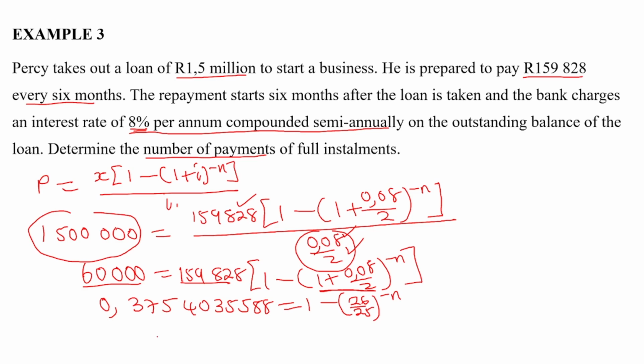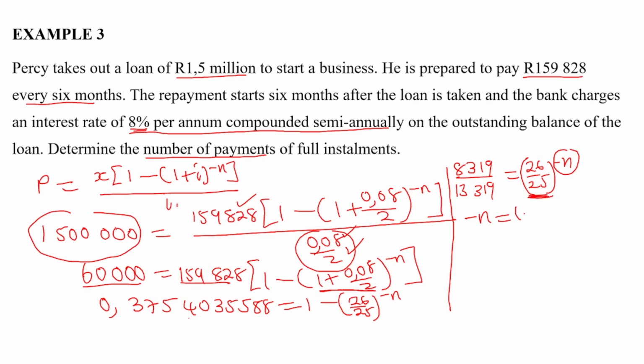Then subtract 1 from both sides of the equation. You'll get negative 8,319 over 13,319. If you prefer to use decimals, don't round off during calculations. Then this is equal to 26 over 25 to the power negative n. Now we can change this from exponential form to logarithmic form. The exponent becomes the subject, negative n.